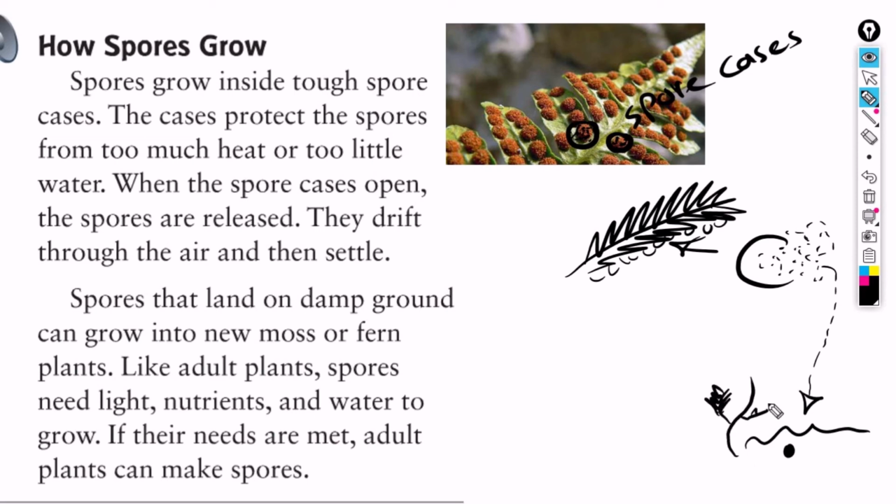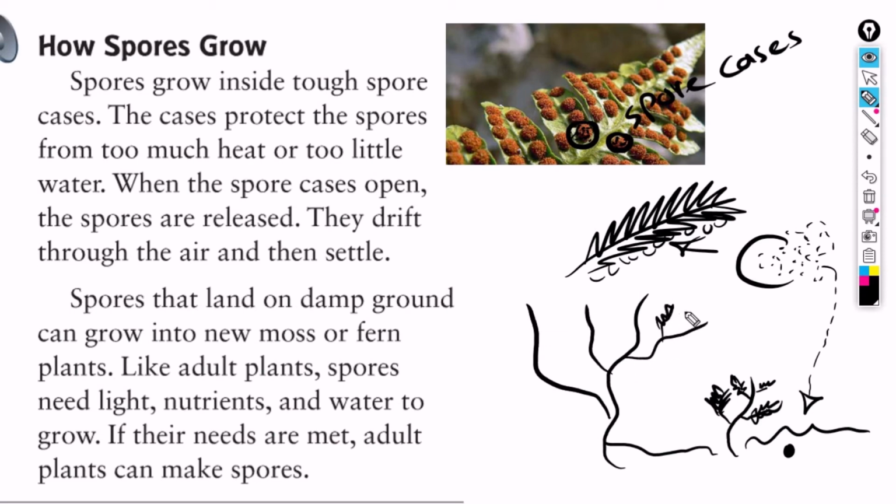It's still small, and it becomes bigger and bigger and bigger and makes an adult fern.